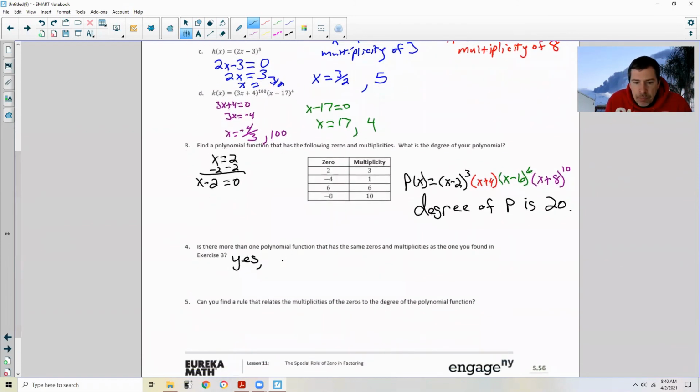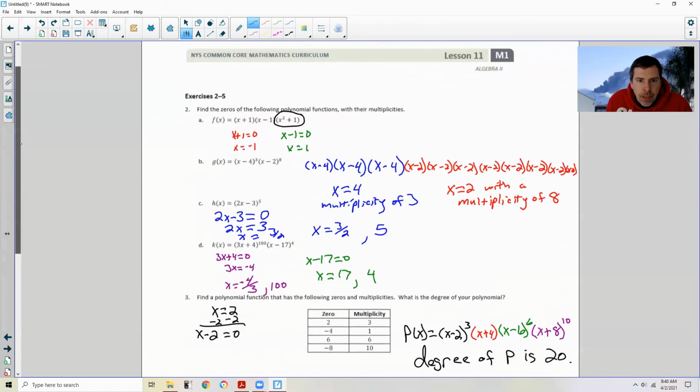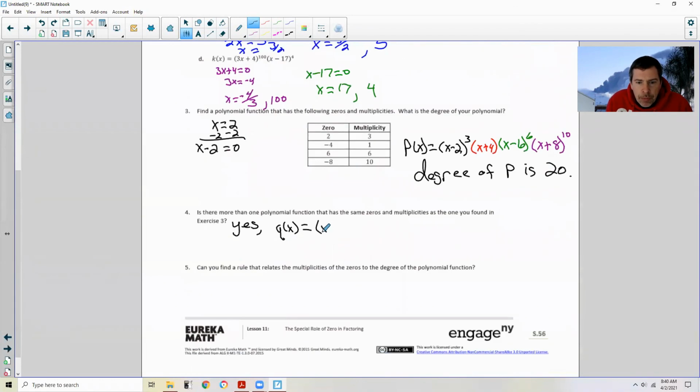So I could say P of x, or how about Q of x, call it something else. How about we say Q of x equals x squared plus 1 times these, x minus 2 cubed times x plus 4 times x minus 6 to the 6th times x plus 8 to the 10th power.